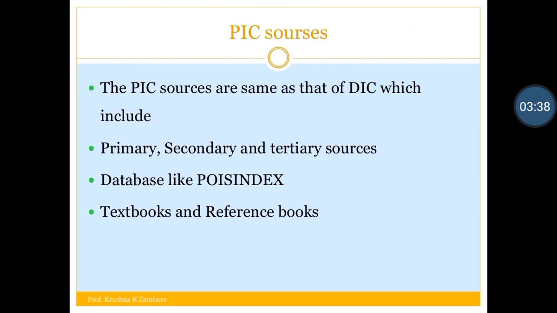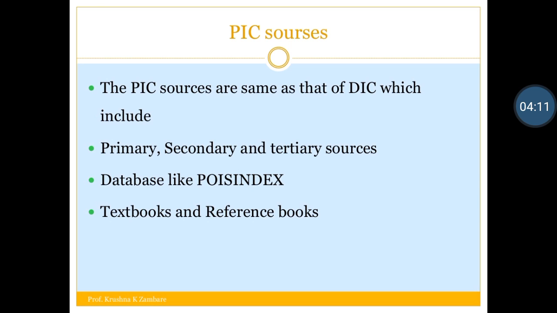Then the poison information center sources: from where is the information gathered by the poison information center? The PIC sources are the same as the DIC, drug information center, which include primary, secondary and tertiary sources.